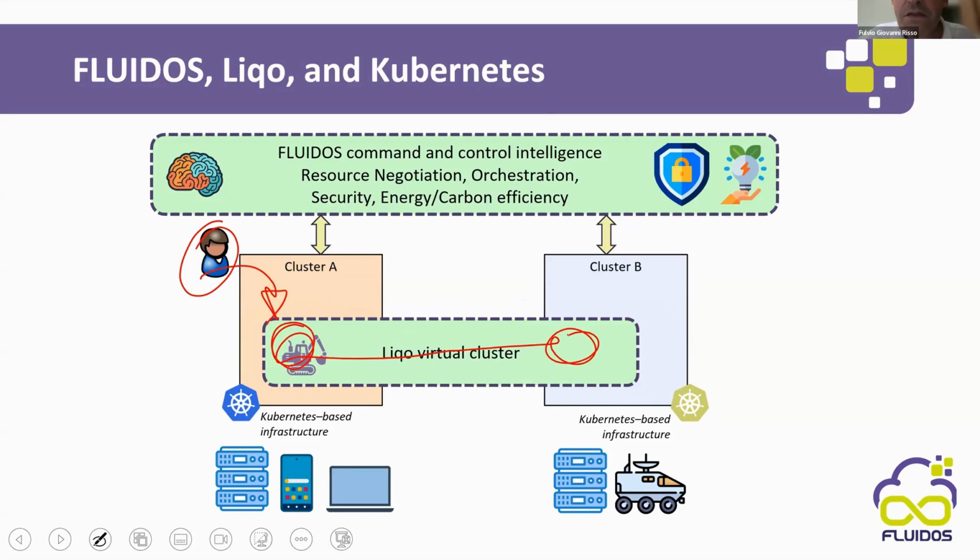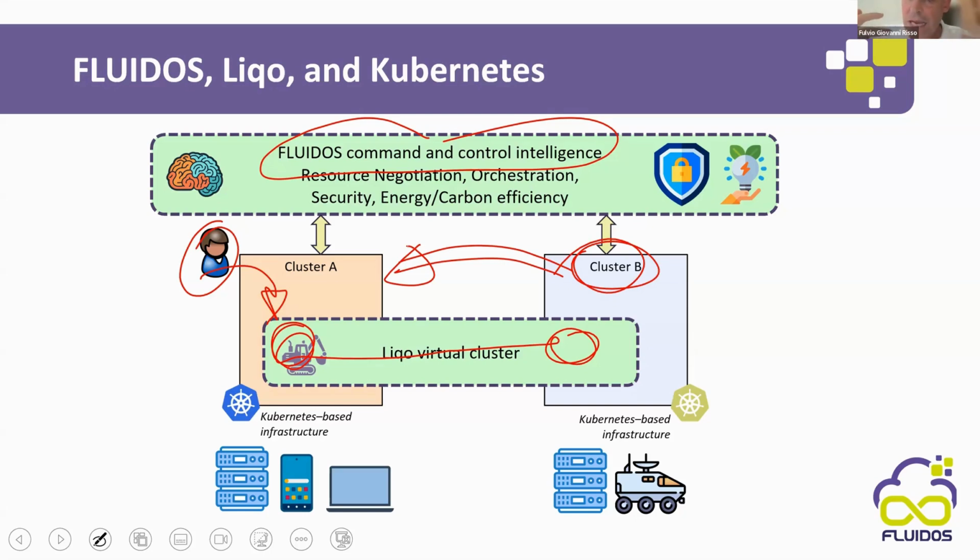But there are several things that are missing. So FLUIDOS is adding command and control intelligence on top of that. So for instance, which resources are exported to cluster A? Liqo doesn't know and has no idea about that.